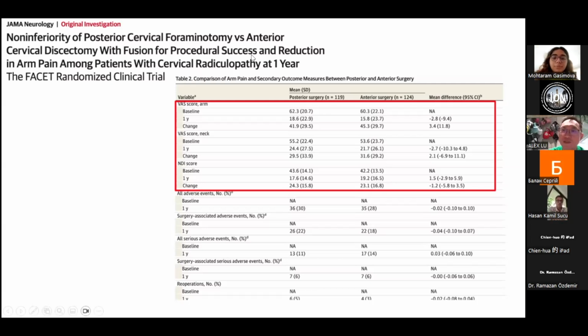They found that if you choose the right patient, with single unilateral arm pain radiculopathy, PCF is non-inferior to ACDF in VAS for arm pain, neck pain, and NDI. For all adverse effects, like surgery-associated infection, dysphagia, and serious events like cardiopulmonary ones, PCF is also non-inferior to ACDF. That means if you choose the right patient, foraminotomy will be as effective as ACDF and more minimally invasive.